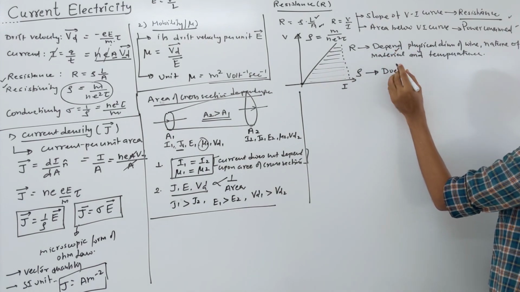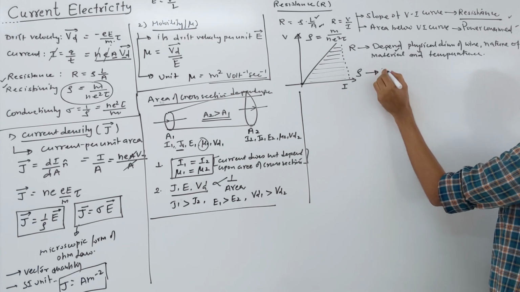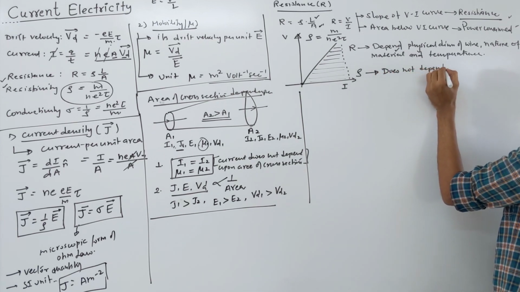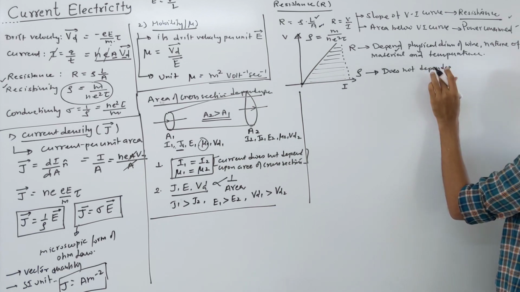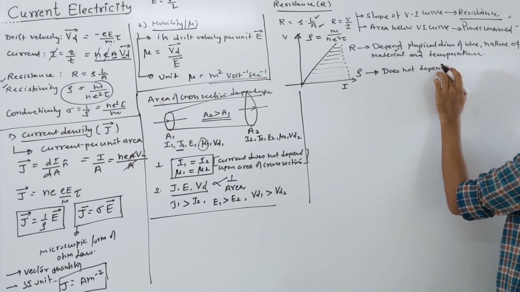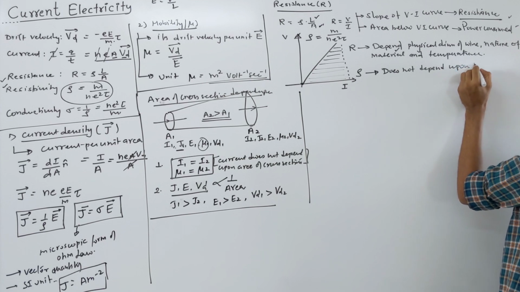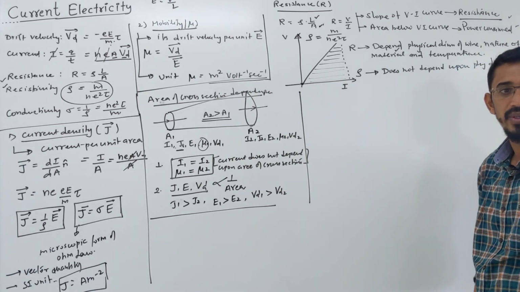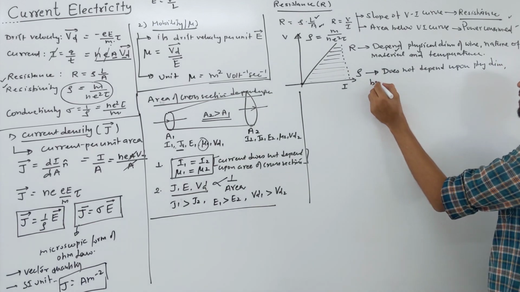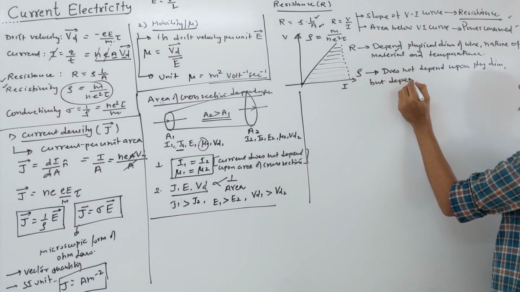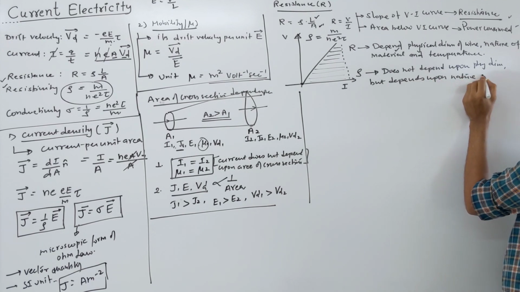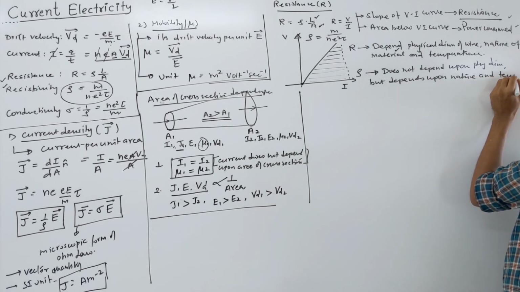Okay, let me write properly. Resistivity does not depend upon physical dimensions like length, area, volume, but depends upon nature and also temperature.